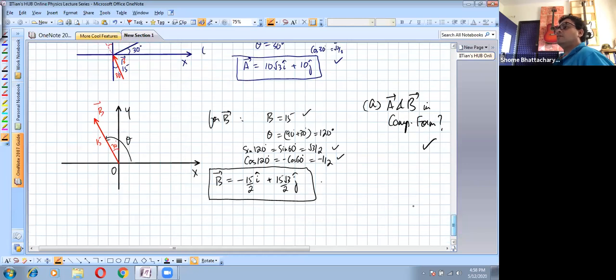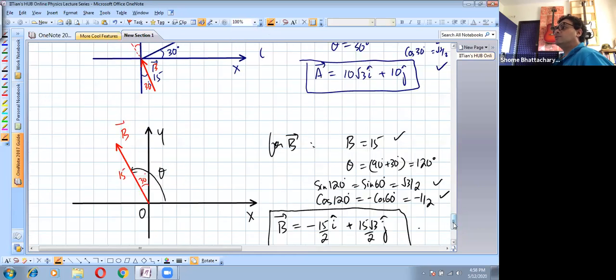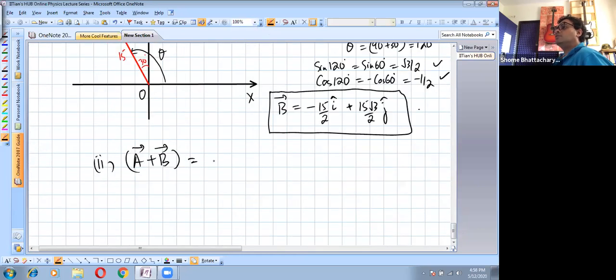Now the second part, we want to find A plus B as a vector in component form. So just add the two, just pick them up from there. This was 10 root 3 i cap plus 10 j cap, and to that we are adding this vector below, which is minus 15 by 2, or minus 7.5, plus 15 root 3 by 2.